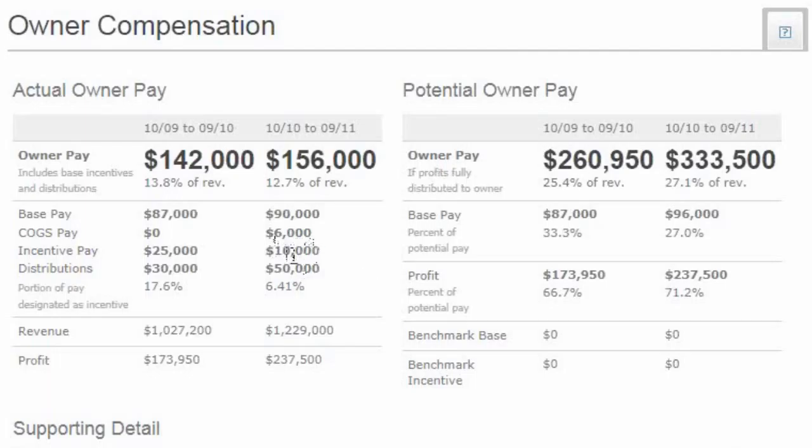Here's that incentive pay that I mentioned, and then distributions from equity. This will be the actual, and this is just an analysis to show what could come out if you took everything out of the company. Then this takes into account the profit that is not distributed.